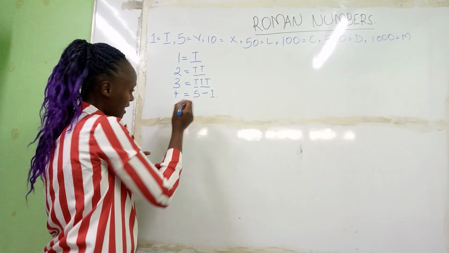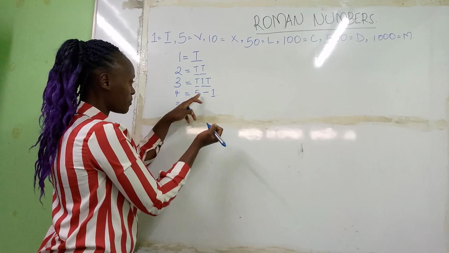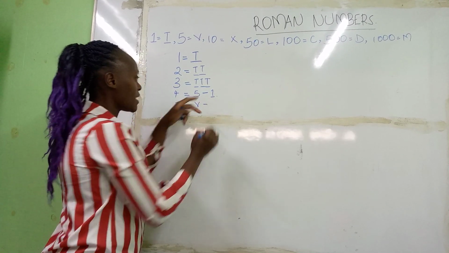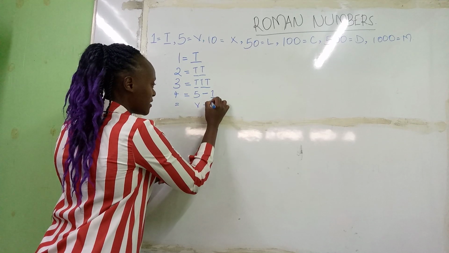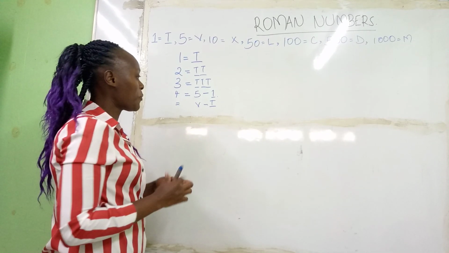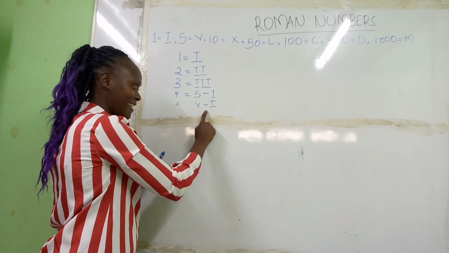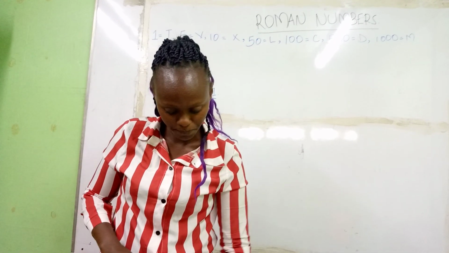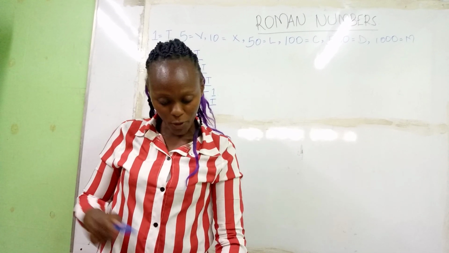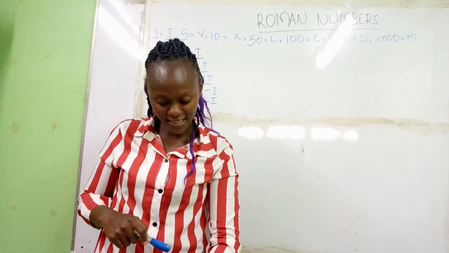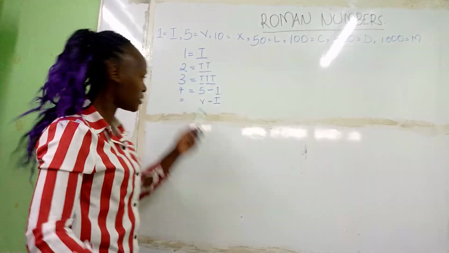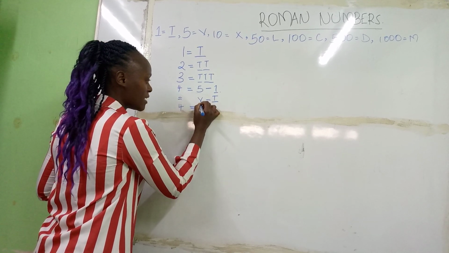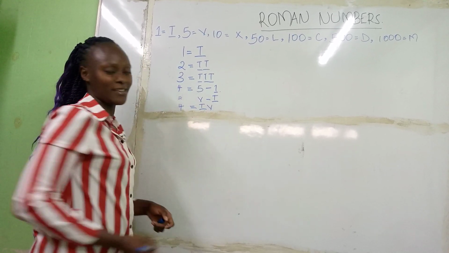So the number 5 is V, number 1 is I. When we get here, there is another rule that applies, and the rule is when a smaller letter precedes a bigger letter, the letters are subtracted, which you've already done. So the number 4 will be I, V.